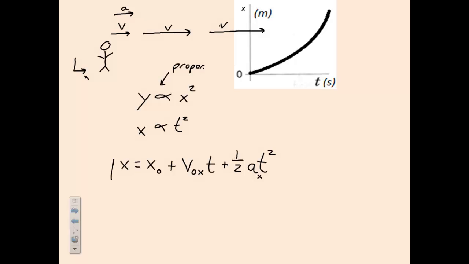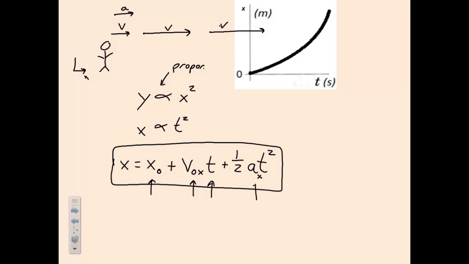So what we have here is an all-encompassing kinematics equation. Kinematics is the study of motion. It defines the position along an x-axis in terms of the initial position, the initial velocity, time, and the acceleration along that axis.